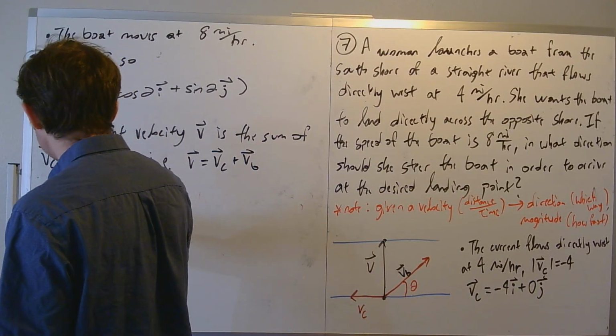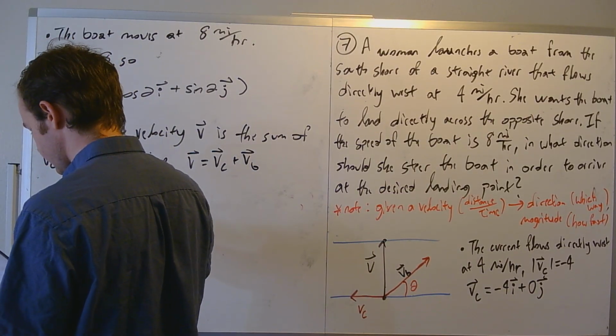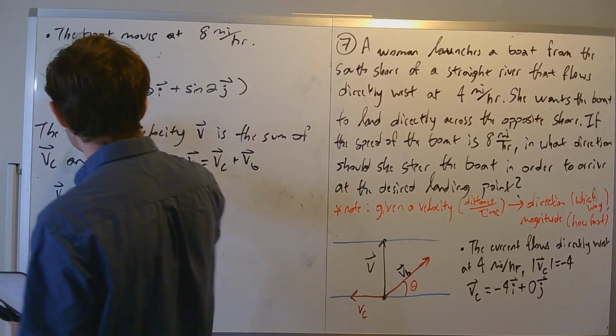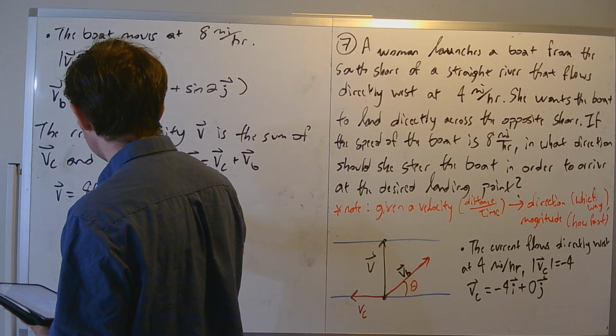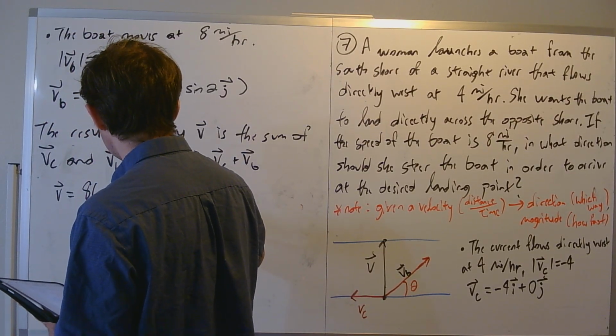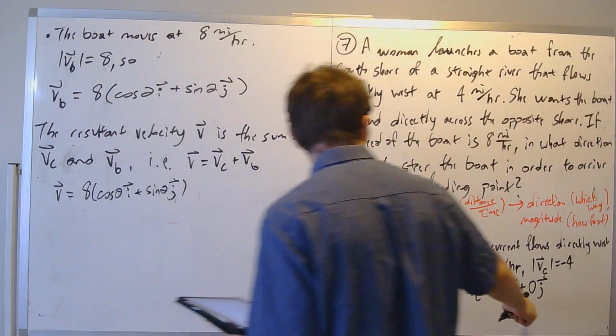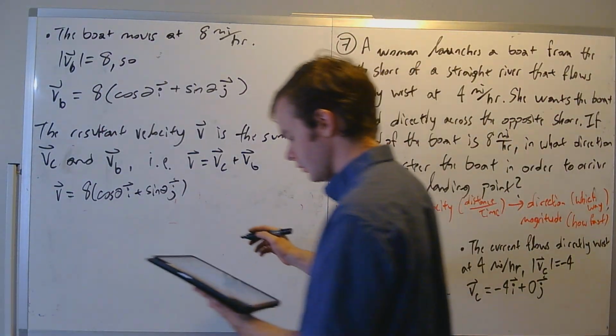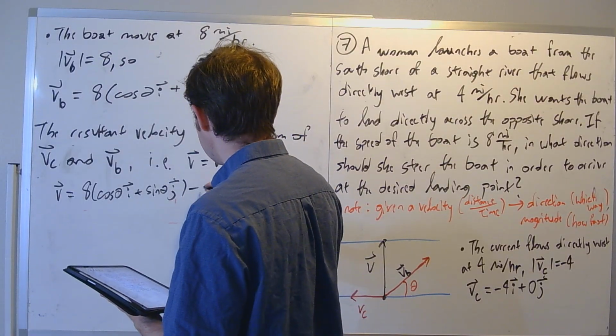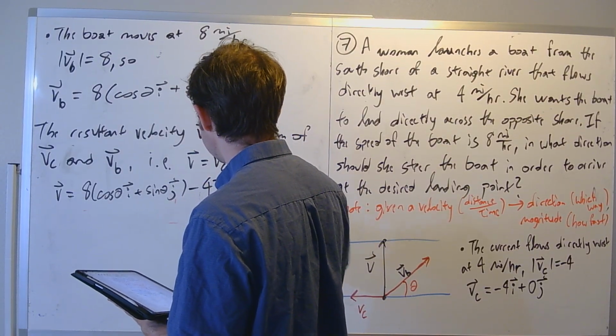So v equals, v sub b was 8 times cosine theta i plus sine theta times j. And we already saw what v sub c is. V sub c is going to be minus 4i.